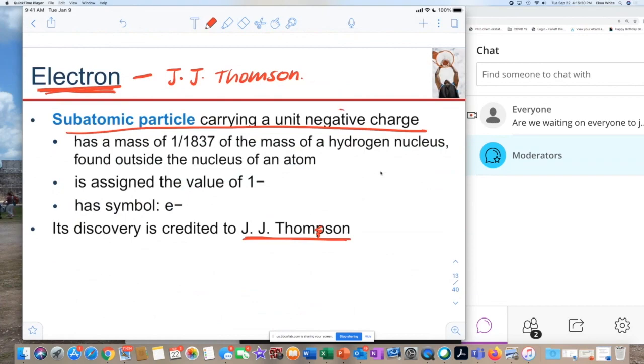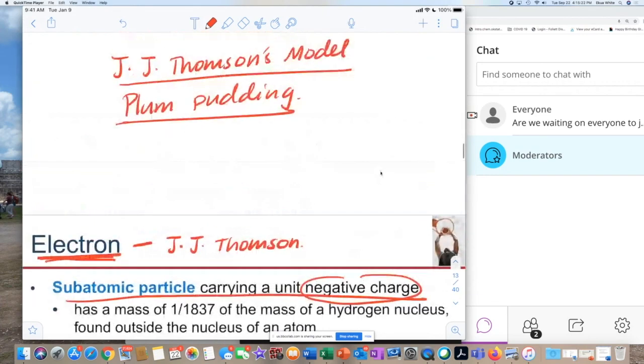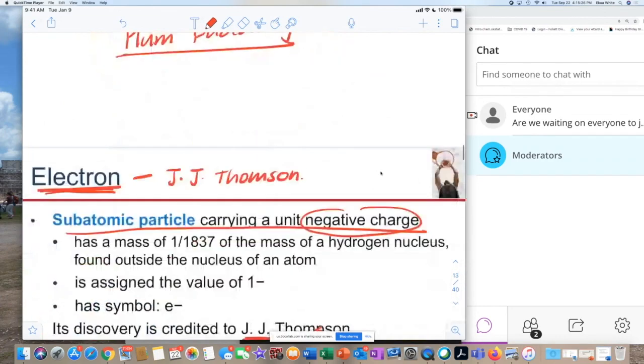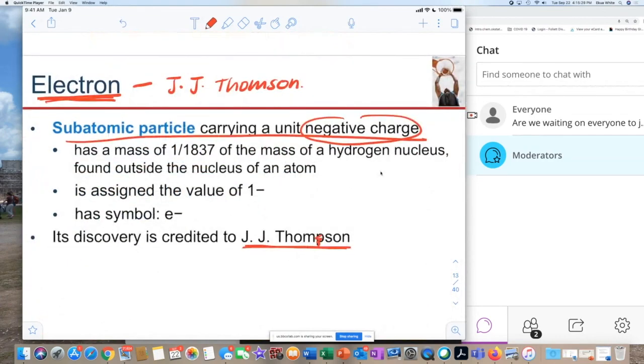The electron is negative charge. So remember, these are all negative. This is negative, negative, negative, negative. He also found out that the electron has a very, very small mass. Okay, so here the electron is almost massless, meaning it's not very heavy.